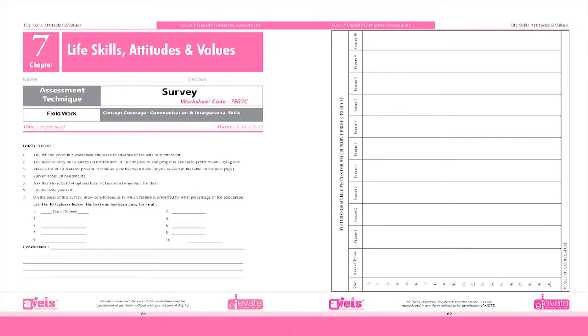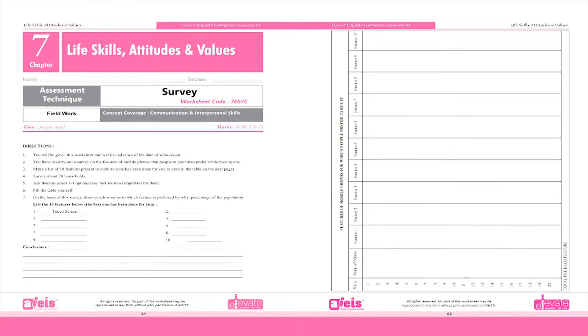In this survey activity, the child is assigned to go to 20 households and ask various questions about the mobile handset. Ask them what kind of mobile set they use, what kind of features they look for when they decide on a new mobile handset.